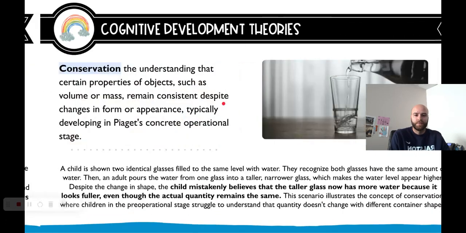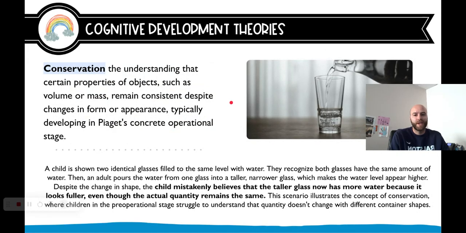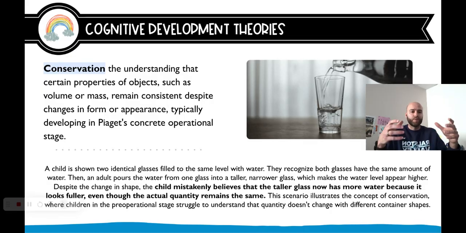In addition, they develop an understanding of conservation, right? Which is the idea that certain properties of objects like volume or mass remain consistent despite changes in form or appearance. This typically develops in this stage. And you can test this if you have anyone that you know who's younger, in that 7 to 11 year old range or younger. You could have 2 cups of water.